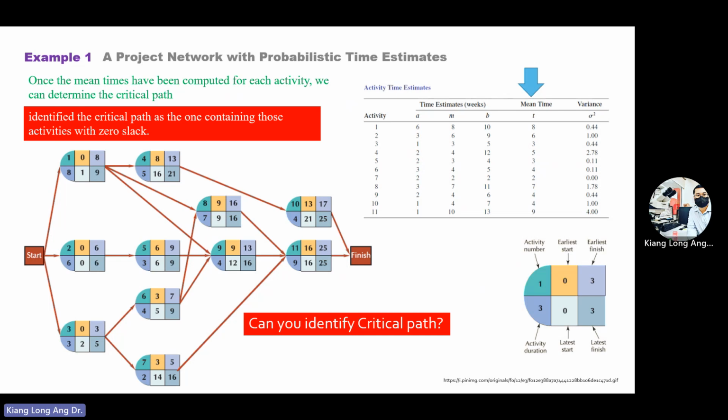Oh, sorry. Yeah, so it's not connected, but they are critical activities. It's not. The critical path is the longest way.